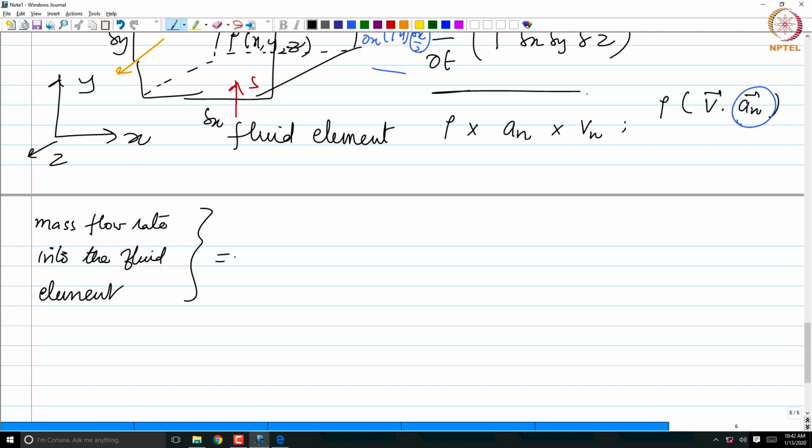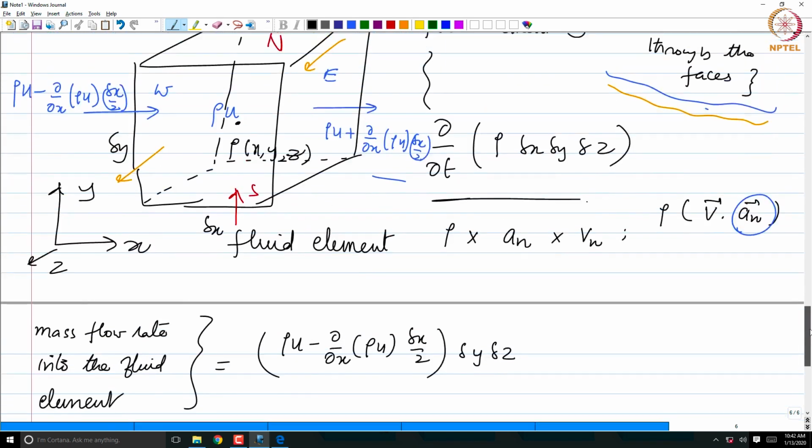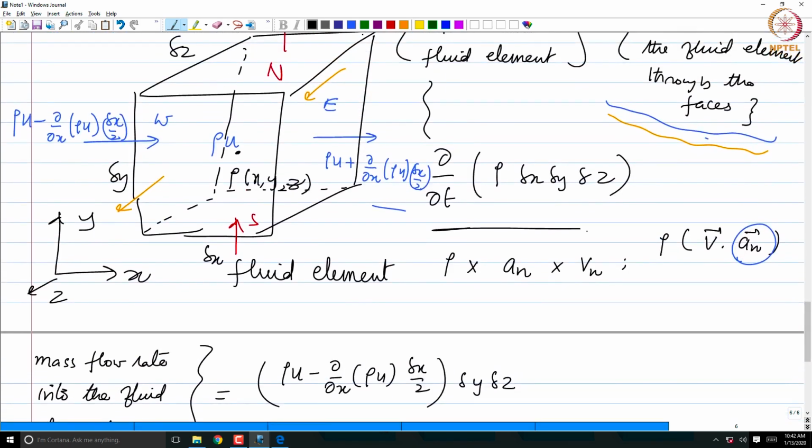So from the west phase, we have rho U minus partial x of rho U times delta x by 2. So this is the density times the velocity. What will be the cross-sectional area for the west phase? Delta y delta z, right? So that would be the cross-section area, that is this area, this times this.